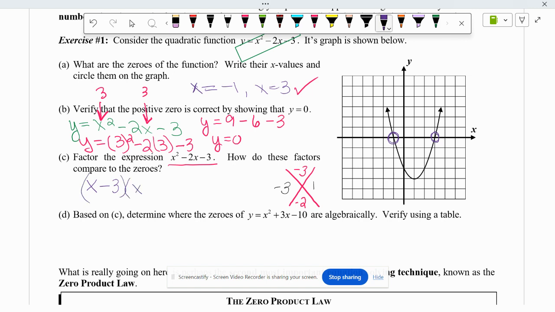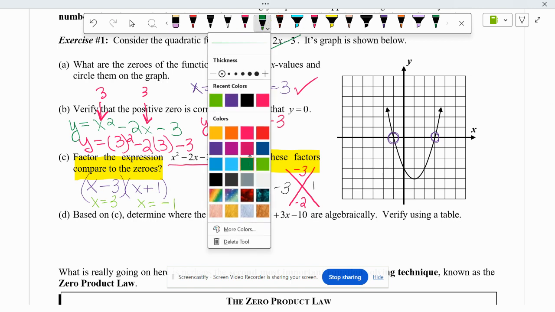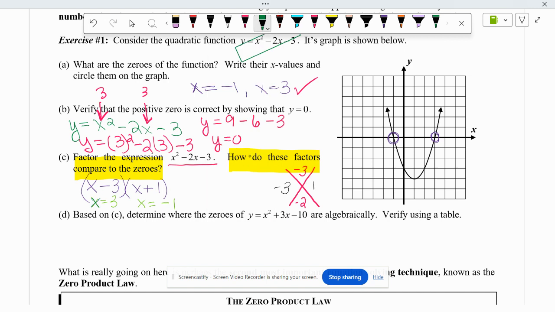times x plus 1. It says, how do these factors compare to the zeros? Remember that the zeros are x equals +3 and x equals -1. Those are your zeros. How do they compare? How does x equals +3 compare to x minus 3?